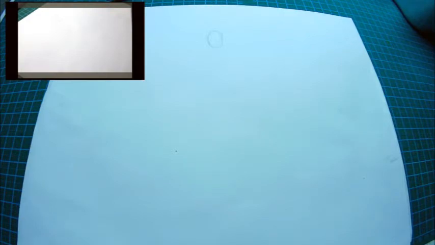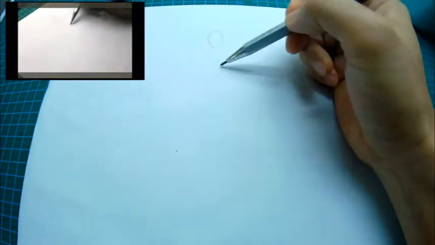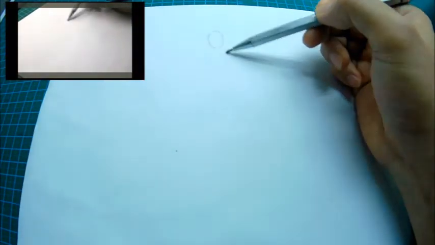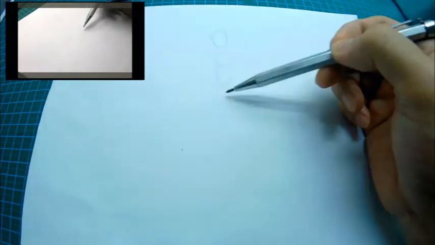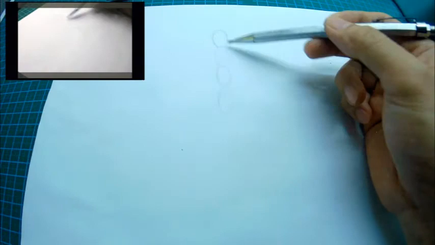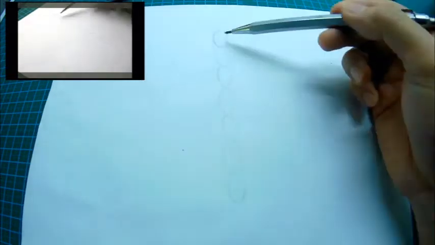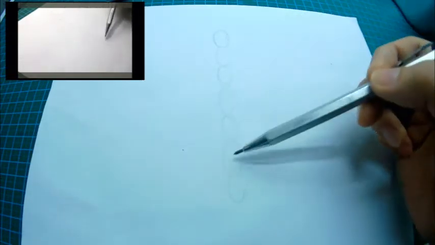So you start off with an oval, and you make 8 ovals of the same size. This is your proportion: 1, 2, 3, 4, 5, 6, 7, 8.